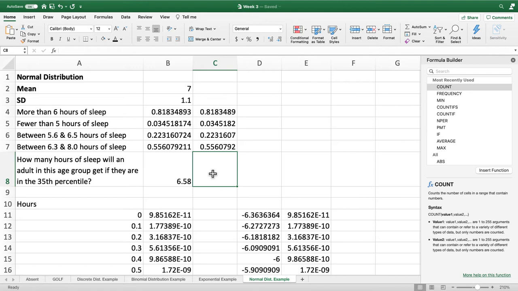Well, the 3483 is the closest to 0.35. So your z-score is going to be negative 0.39 when we add the column, the first digit, and the second digit together. We get negative 0.3 and 0.09. So that's going down the side and the top of that table.